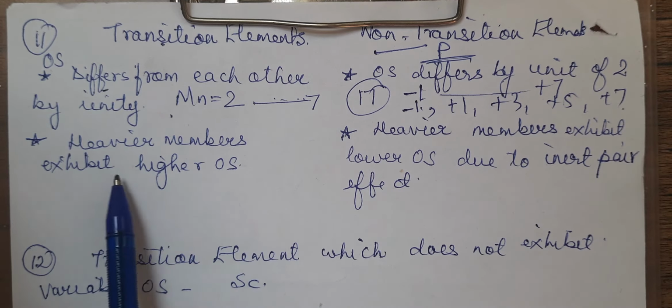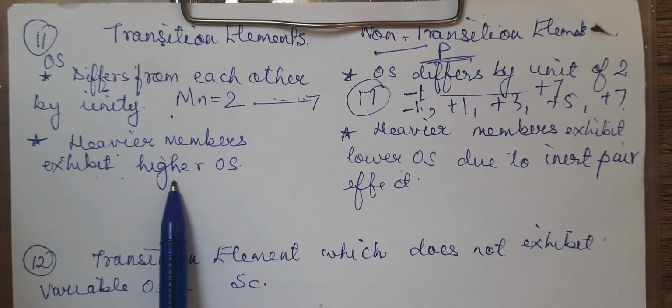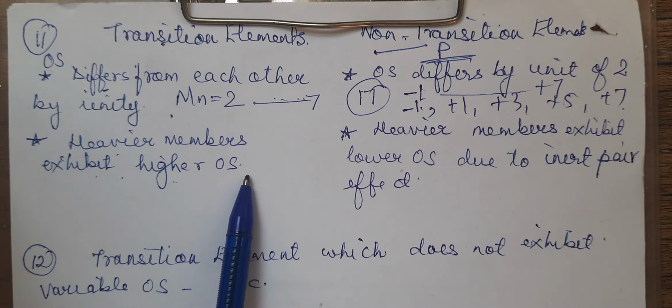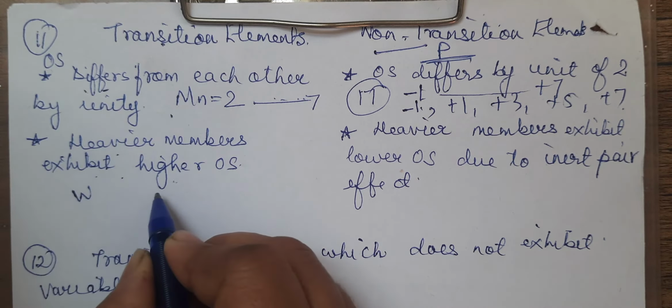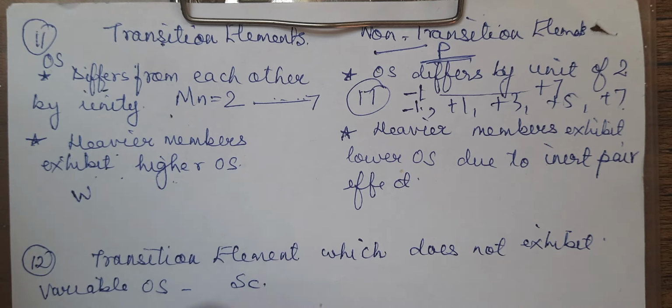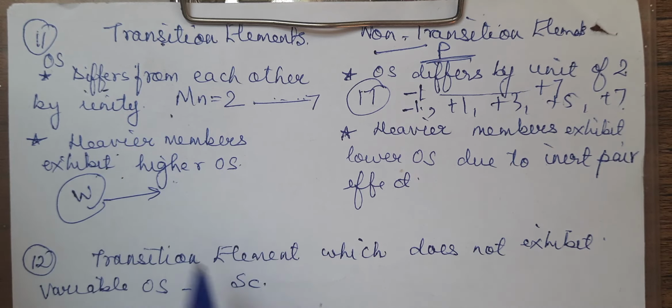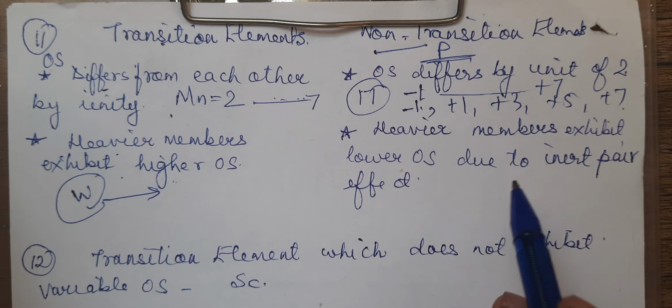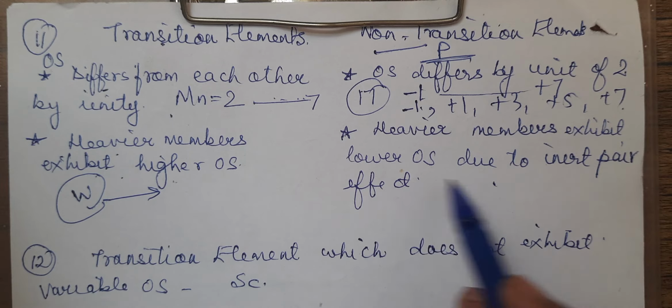Next difference between the two is heavier members exhibit higher oxidation state, highest oxidation state, in fact. Like, you have chromium, molybdenum, tungsten, the last one, tungsten can exhibit the highest oxidation state. In that particular group, whichever is the highest oxidation state, they will be able to do it. Whereas in the p block element, in non-transition element, the heavier member cannot.